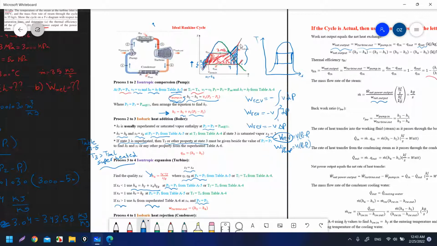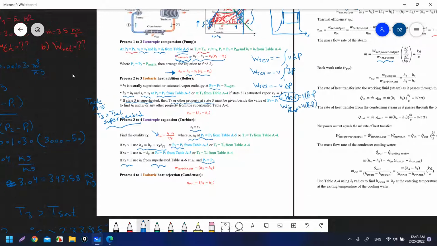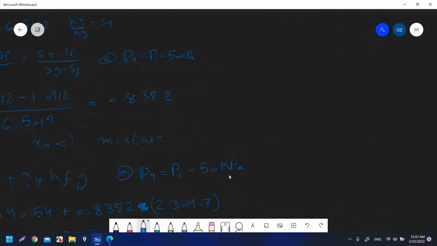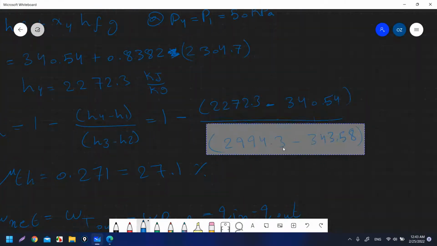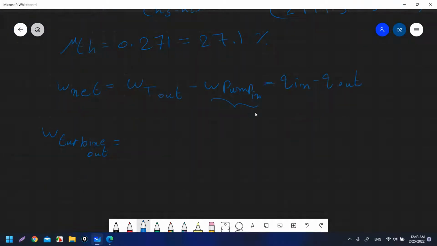Right minus left, so 3 minus 2 will give you that Qn is H3 minus H2. 4 minus 1, right minus left, will give you Q out equal to H4 minus H1. So if you forgot to write this equation sheet, and you know the TS diagram, you can get the equations for the enthalpies, the turbine work. Okay, so the work turbine out is equal to H3 minus H4.